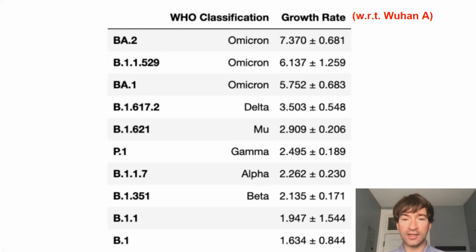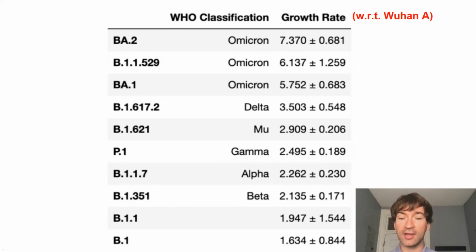So here I've extracted a few kind of well-known variants. On the left, we have their Pango designation. And in the second column, we have the more well-known WHO classification. And in the final column, we have the growth rate or fitness as estimated by our method BVAS, ranked from most fit lineages at the top to least fit lineages at the bottom. And we can see that this ordering recapitulates the observed substitution dynamics that we saw in the real pandemic, right?